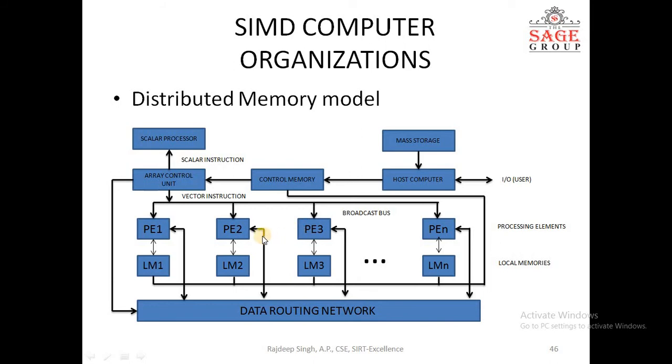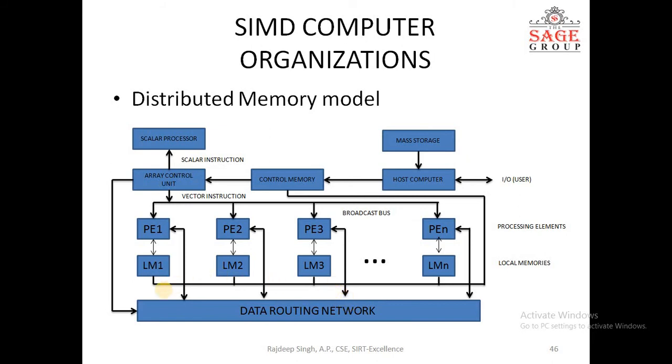And you can see here that each processing element has its own local memory. There will be no sharing between these memories, yes, but interchange of data through this data routing network will take place, because there are a number of processing elements, and for execution of a program dependency will exist in such a system.